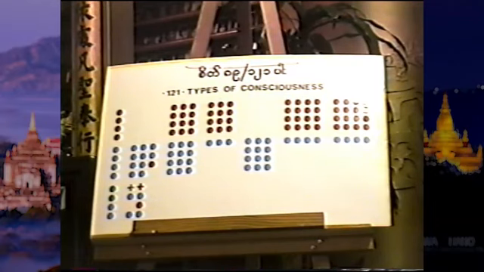In the manual on page 141, the 9 supramundane states, the 4 paths, 4 fruits and nibbana, because of their extreme purity and profundity, cannot be apprehended by any unwholesome chetas. That means unwholesome cheta cannot take lokuttara chetas and nibbana as objects because they are so pure and so profound.